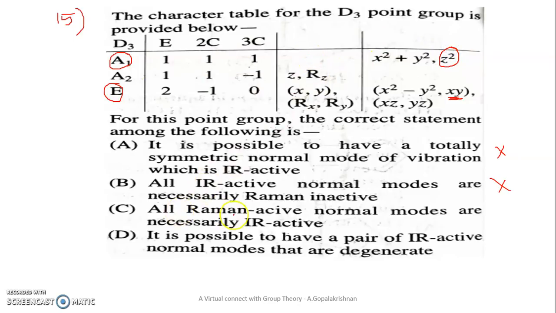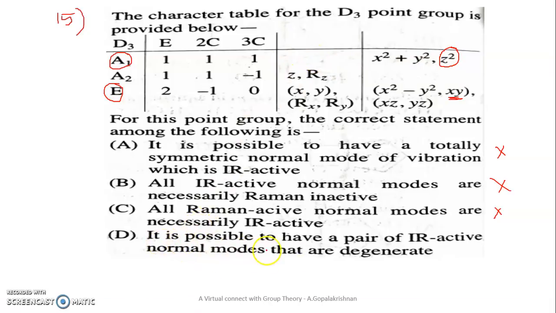So the statement that all Raman active normal modes are necessarily IR active is wrong. Why? The vibrations belonging to A1 are Raman active, but they are not IR active, because we don't have X, Y, Z here.